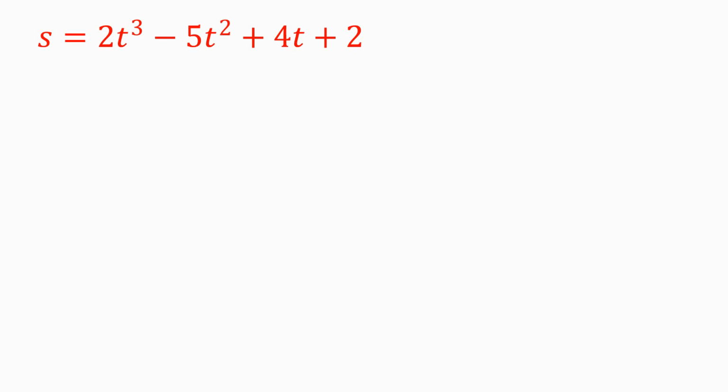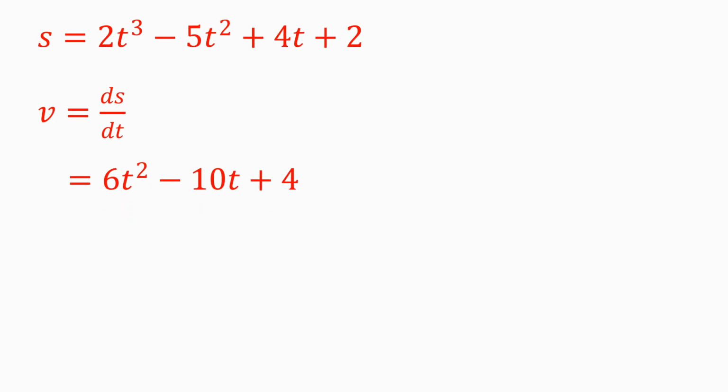The velocity will be the differentiation of the displacement equation in relation to time. Remember, in differentiation, you multiply the coefficient of the unknown term by its power, then you subtract 1 from the power. So our v will be 6t squared minus 10t plus 4.